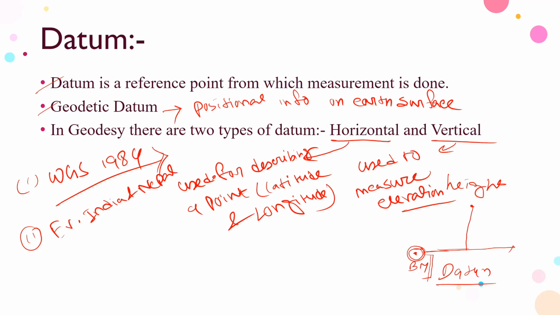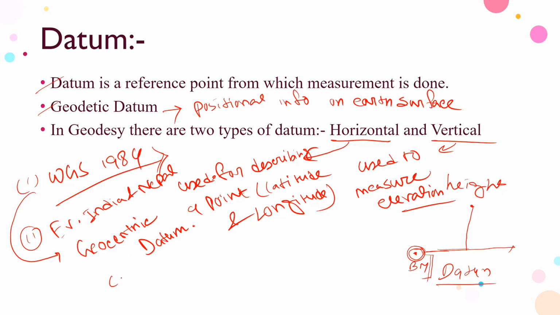But for WGS 1984, the geocentric datum comes in. What does it mean? Geocentric datum uses the Earth's center of mass as origin.